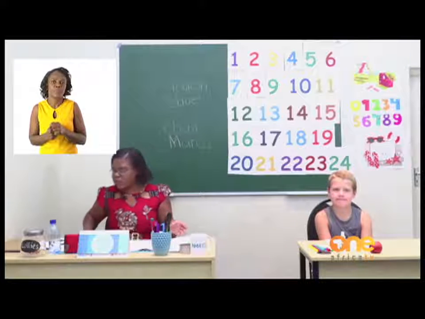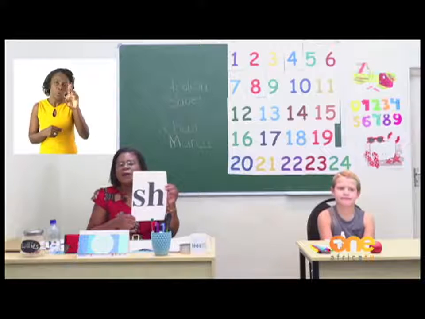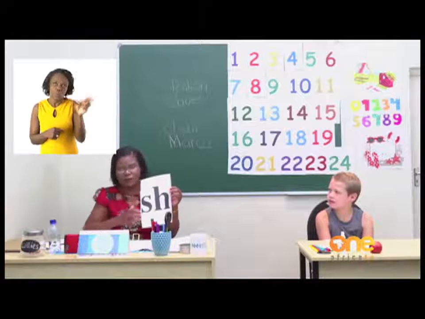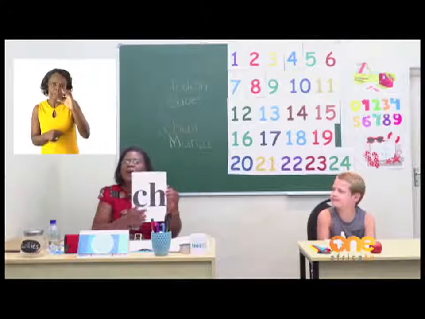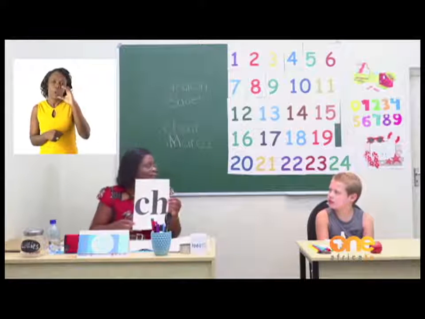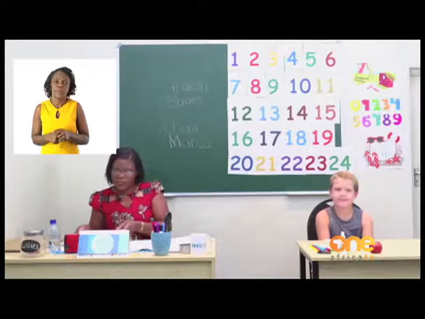We have learned the s and h. What sound is it? It's a sh. And we have learned the k and h. What sound is it? It's a ch. Those are the 2 sounds that we did.